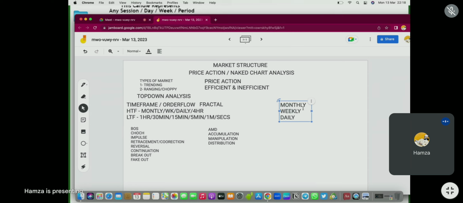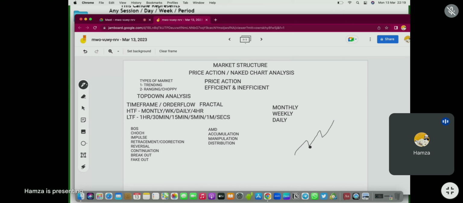What I mean is, you could look at market direction within a span of, let's say, daily. So throughout today, gold was in a bullish market structure, if you're looking at it from a daily perspective.